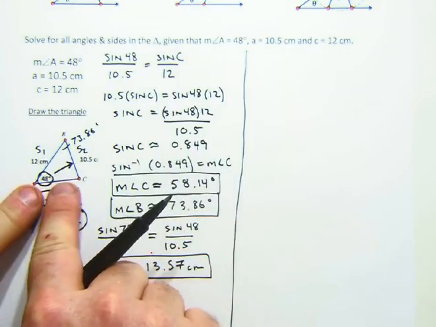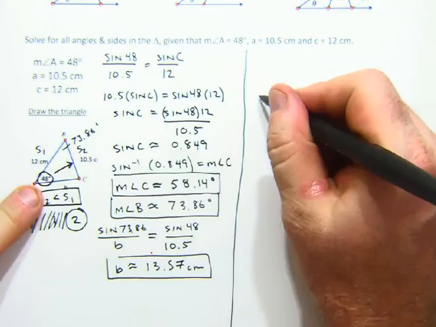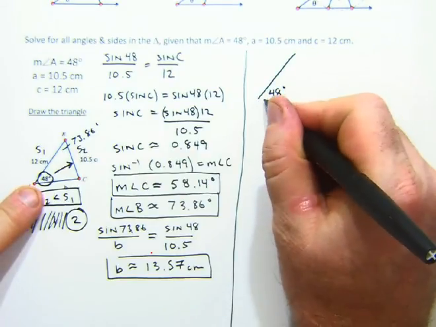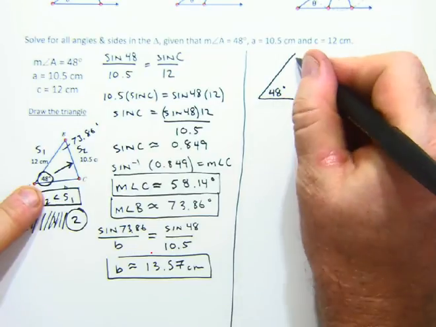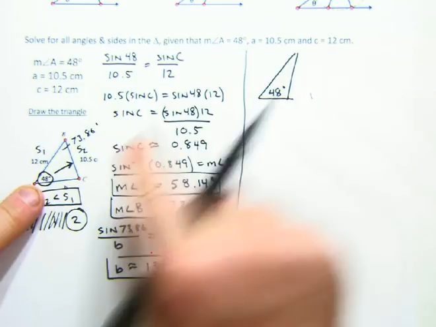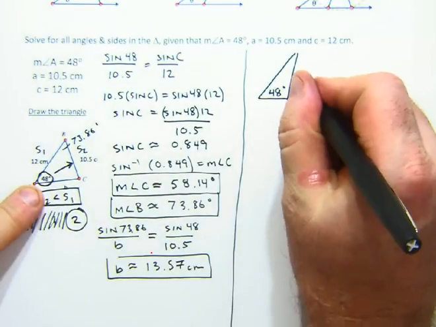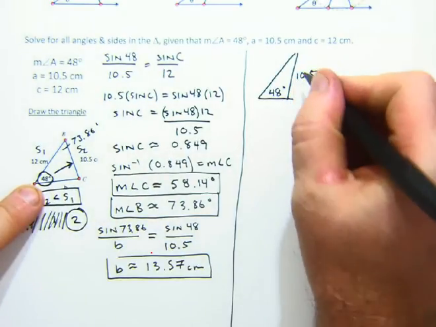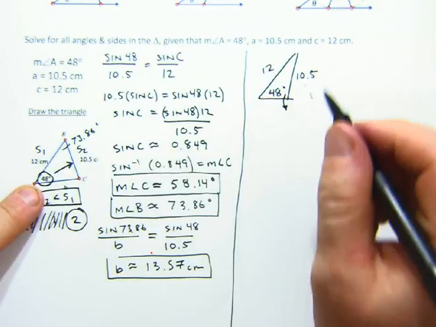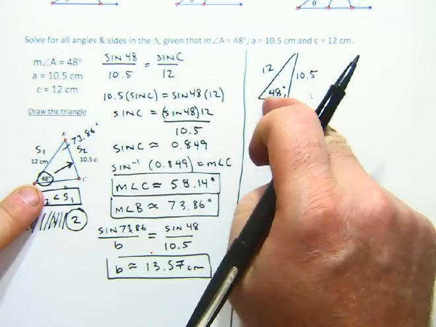Instead of the triangle being drawn this way, at 48 degrees it might be like this. And then the arm, instead of swinging out to form this shape, it might have swung in to form this shape.